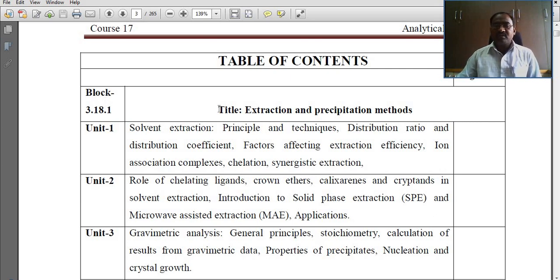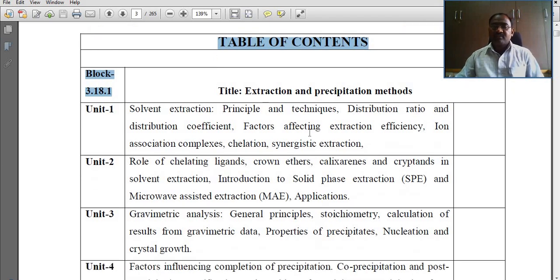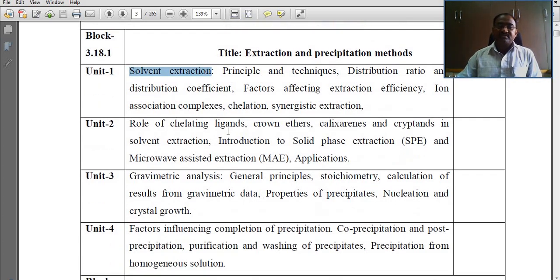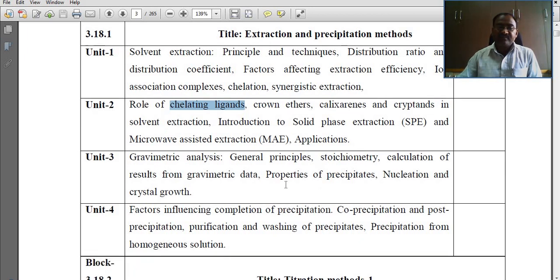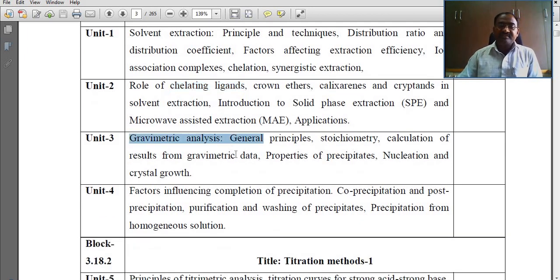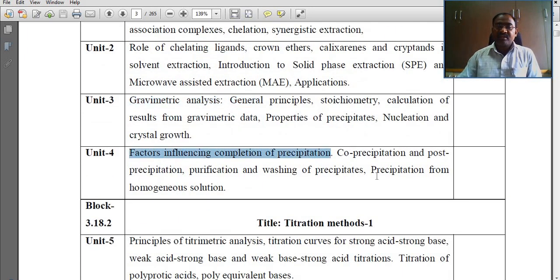The first block will cover extraction and precipitation methods. Under that: solvent extractions, concept of ligands, gravimetric analysis, and factors influencing completion of precipitations.